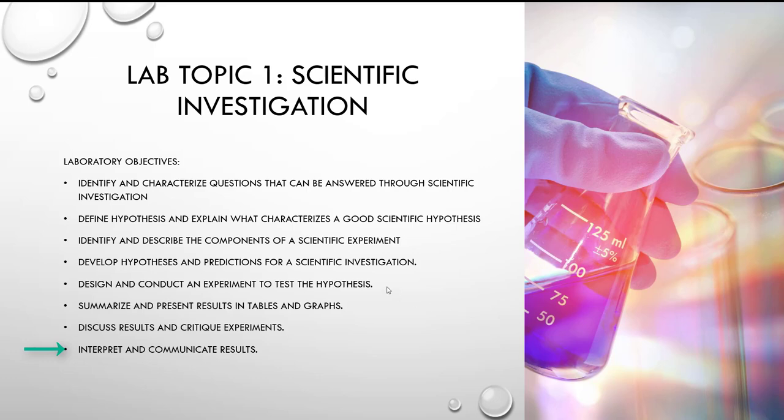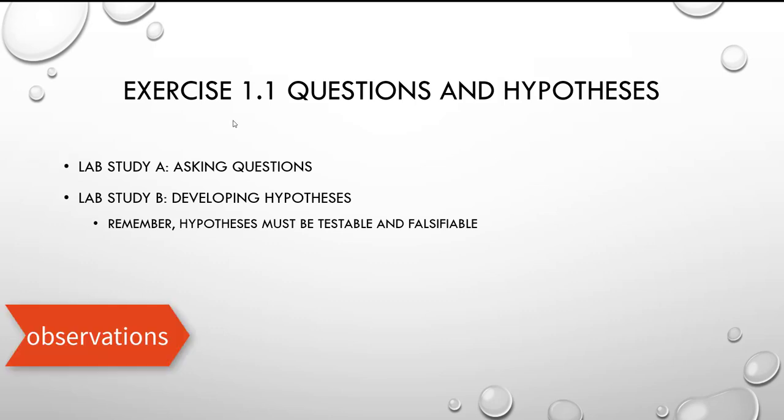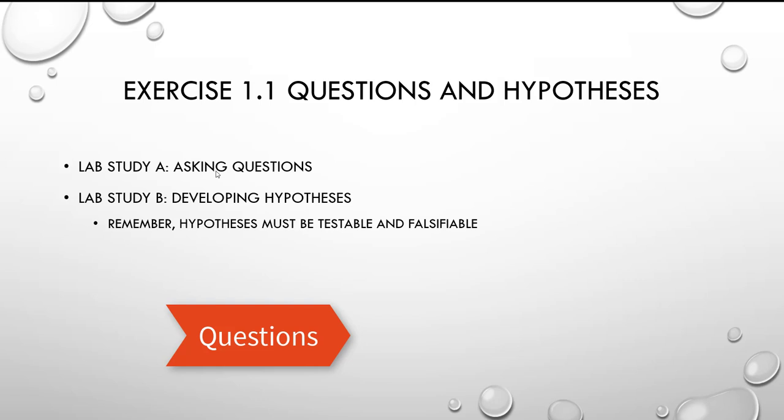Okay? So we're going to go through the different exercises, and I'll run through them with you, and then you can perform the experiments at home. The first part, exercise 1.1, has you look at the first step of the scientific method: questions and hypotheses. In lab study A, you basically think about asking questions. The first step of the scientific method is making observations, which helps you come up with some questions that you want to ask.